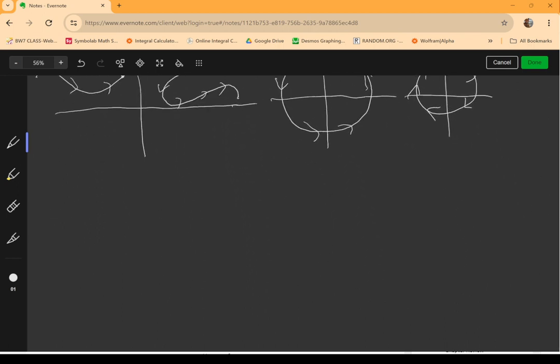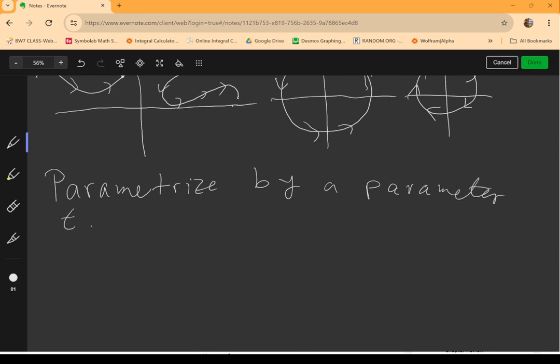So the formulation we want is what's called to parametrize by a parameter that we're going to call t. The most intuitive way to think of this is the xy being some two-dimensional plane, where you chart some kind of path according to some time t.